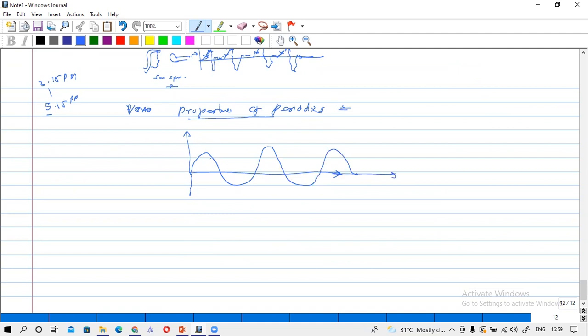You can see that after this time, this voltage value will be repeating again at this point. If you take this time gap, let's say it is capital T, the repeating time gap to the nearby point.